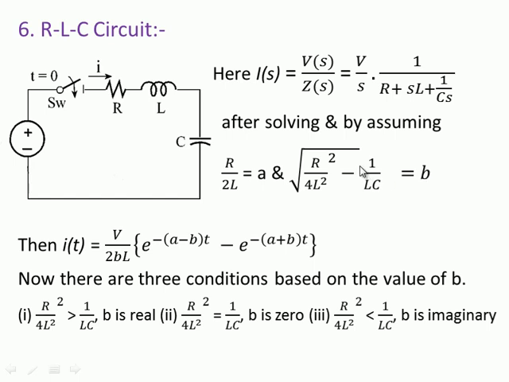Second case, when this term will be equal to this term, under that condition the value of B will come 0. Obviously that is this minus this, that will be 0. And in the third case, when the value of 1 by LC will be greater than this, in that case, B will come imaginary.